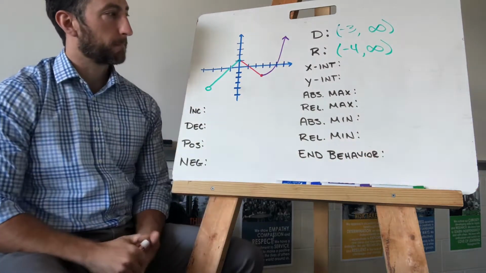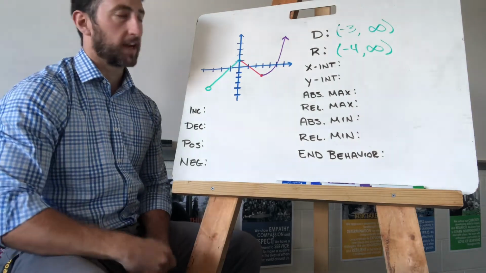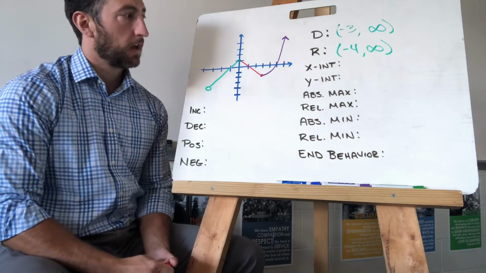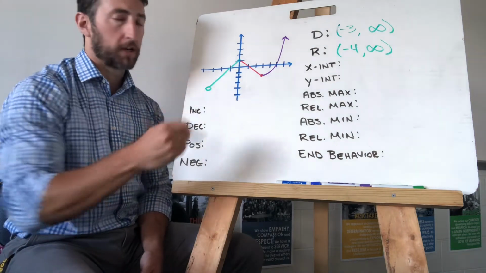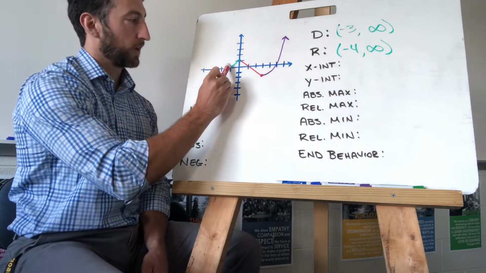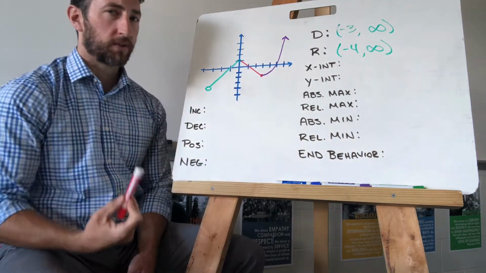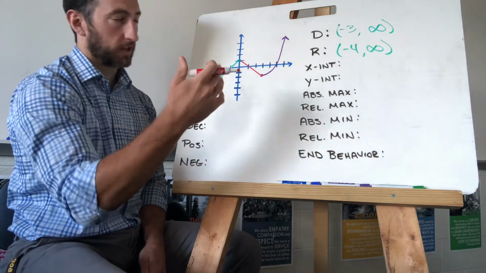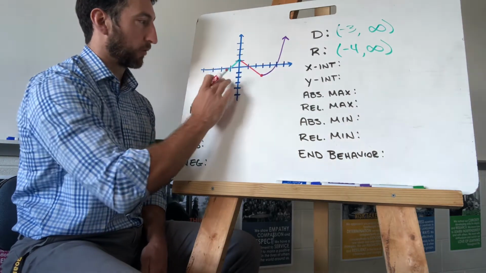All right. So for the x-intercepts, remember, x-intercepts are where our graph touches or crosses the x-axis. From here, it looks like we have 3: here, here, and here. We're always going to write these as ordered pairs. I like to start with the left and go right, but you can put whatever order you want to.